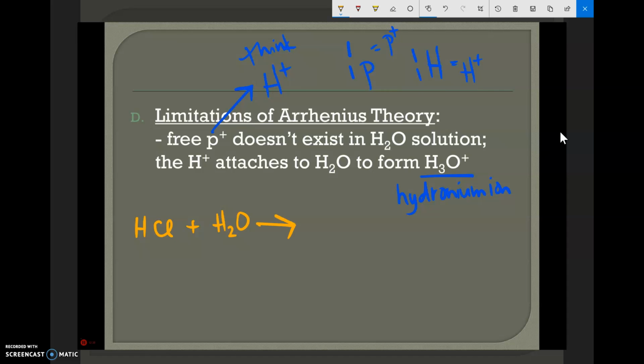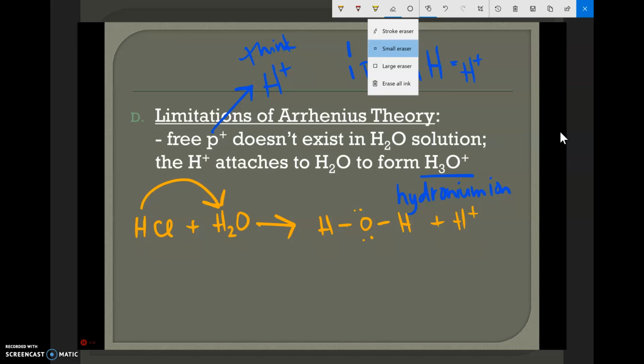Now what happens here is because HCl is an acid, this hydrogen ion is going to come over and it's going to attach to the water. So what we're seeing here is our water right here. And then this hydrogen is going to come and it's going to bond to it, this hydrogen ion. So when that happens, what we get is this hydrogen right here attaching.